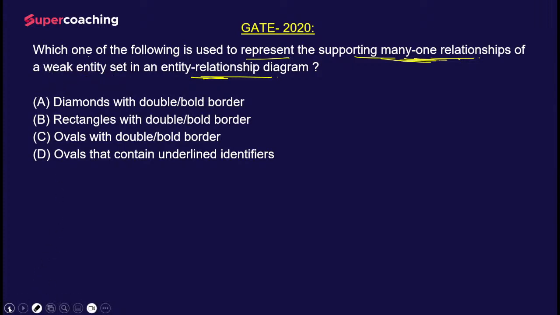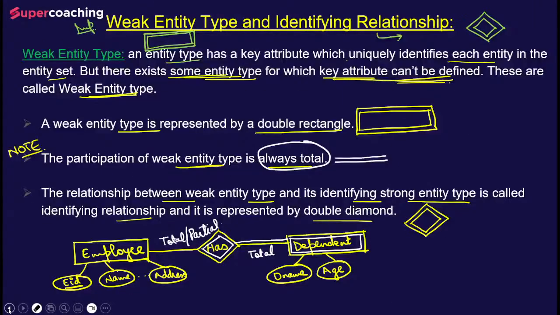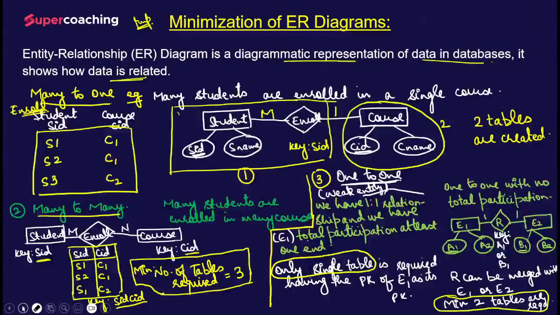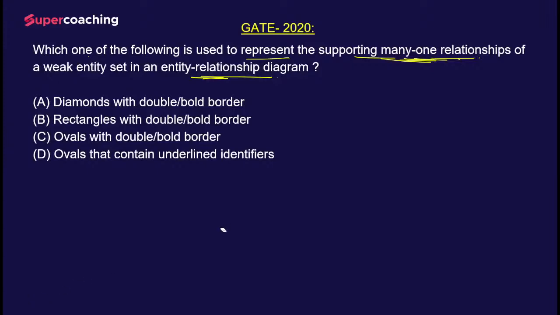We have discussed this. It's represented by double diamond. Where is it? The weak entity set is represented by the double rectangle, but we have to represent the identifying relationship. Akshay, how is it B? You are just returning the representation for weak entity set.